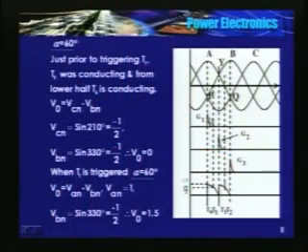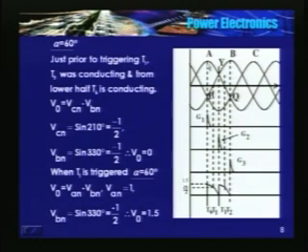Now let us see what happens with alpha equal to 60 degrees. At this instant, T1 is triggered.